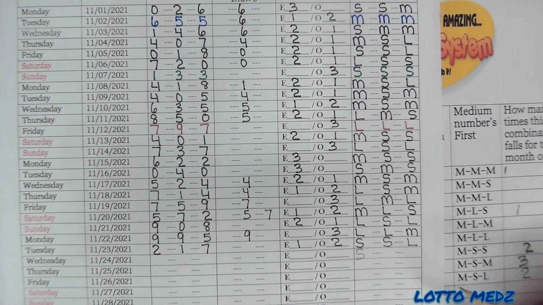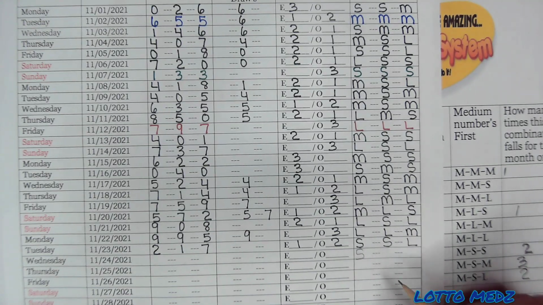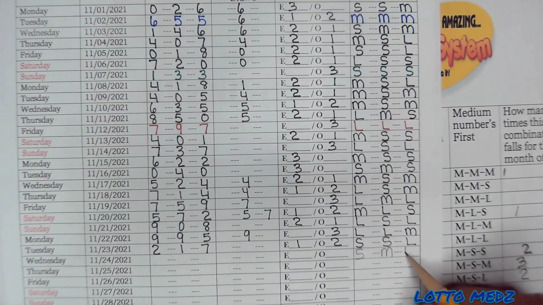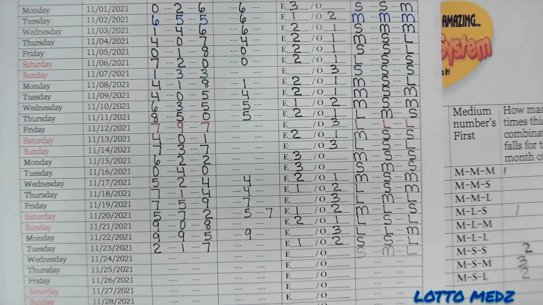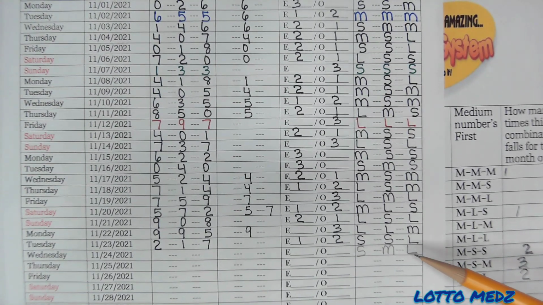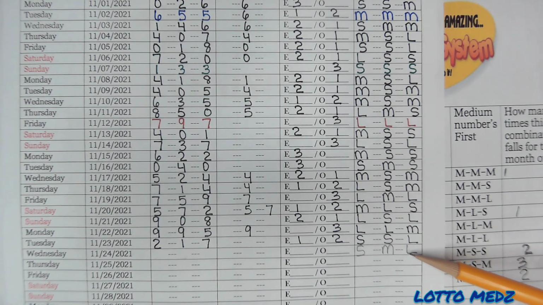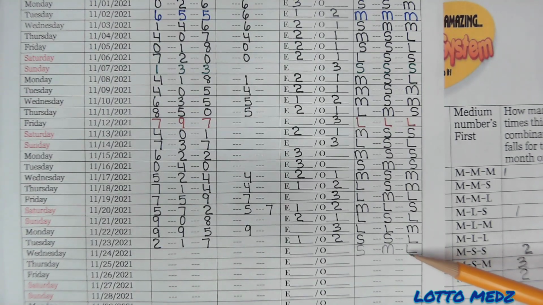So let's say I wanted to do a small number and then put a medium number right here and then bring back a large number. Again, I'm going to point out that this may not be the actual number. This is just a tutorial prediction that I'm showing you, how I would go about selecting a number if I was living in Canada and trying to play the lottery in Canada.